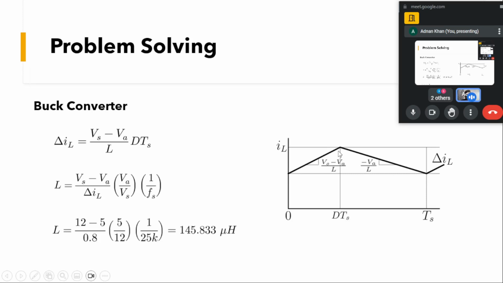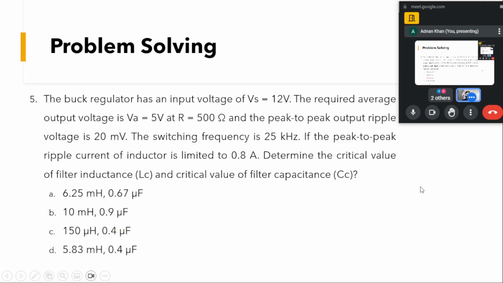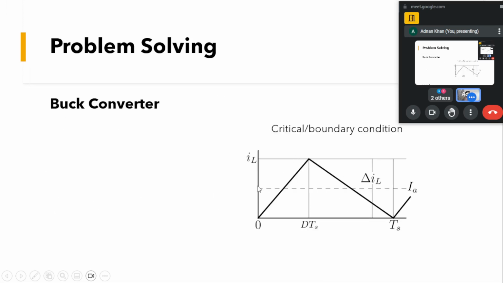Now if we let the ripple increase by decreasing the inductance, the inductor current will start at some lower point, go to some higher peak point, and then come back. Similarly, as we reduce further, a point will come where the current starts from zero, goes to some peak point, and comes back to zero.